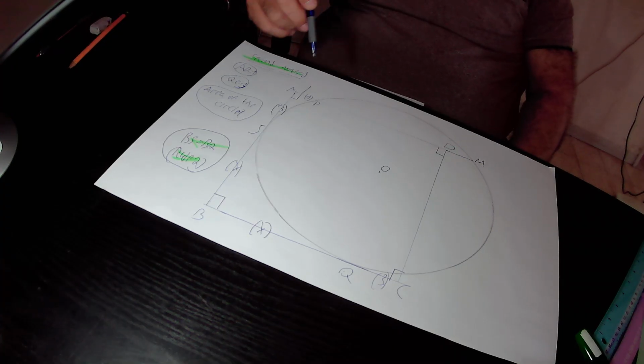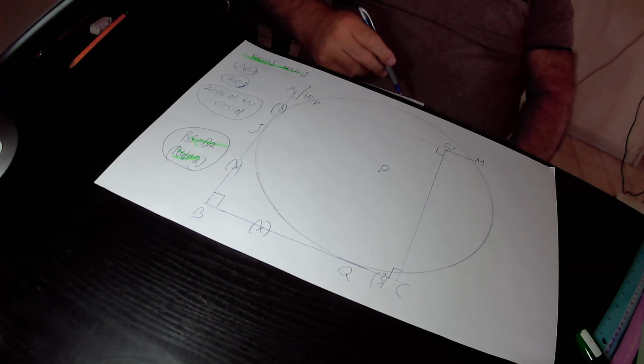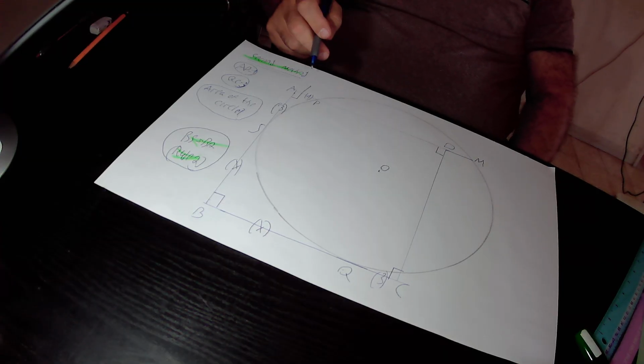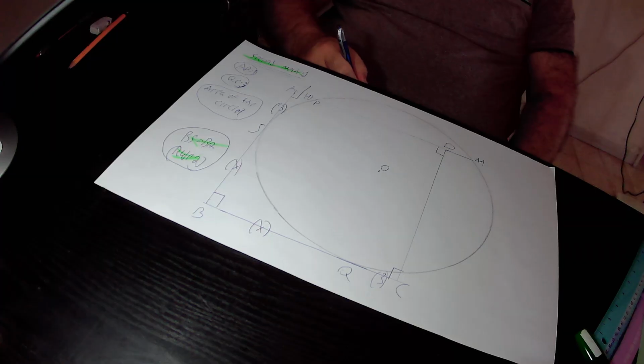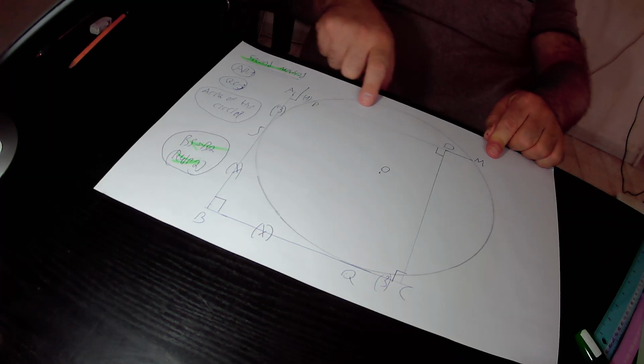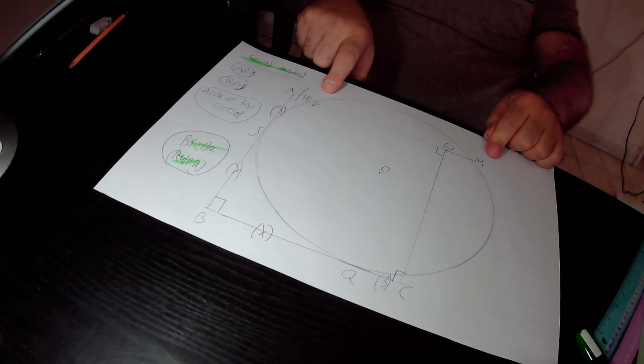AS is 3, therefore AS squared is 3 squared, that is 9. And it equals AP, which is 1, times AM. AM in total equals AP plus PM.